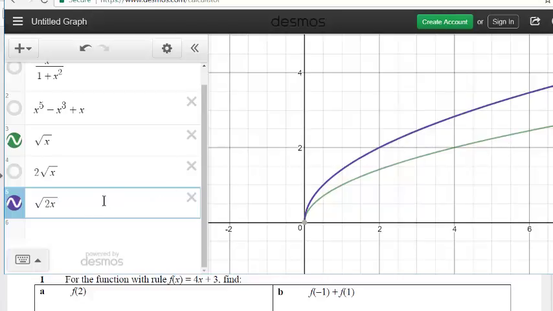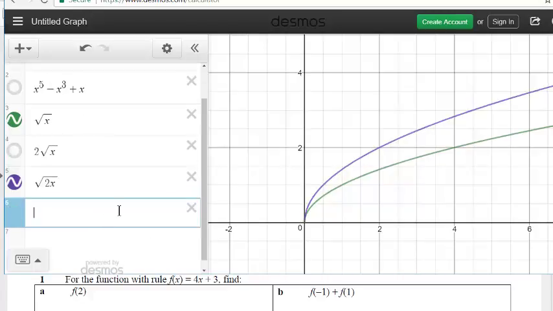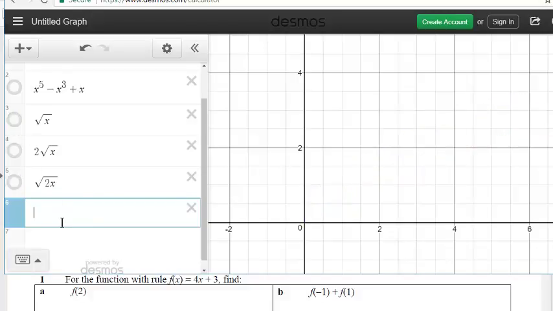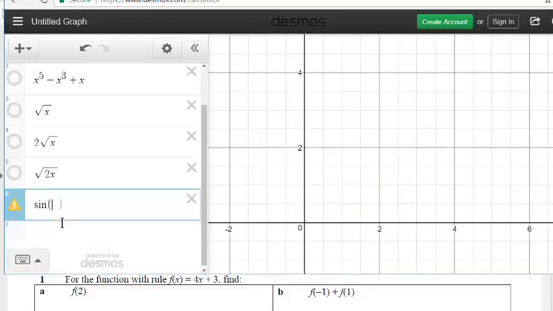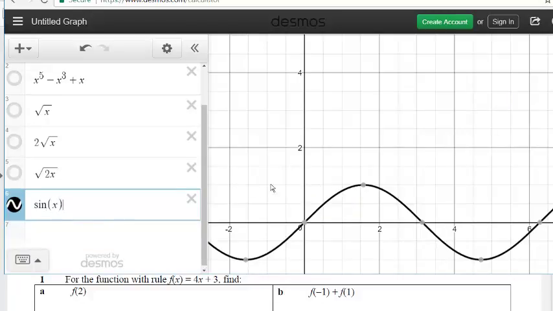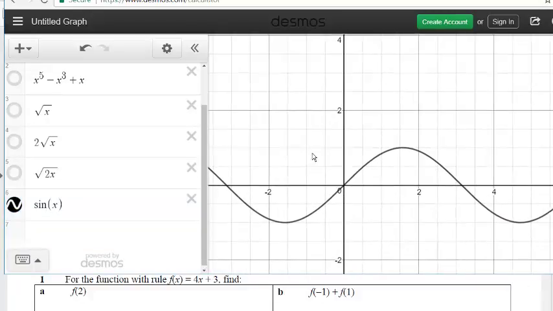I'm going to give you another example. This is very interesting, and it's coming up in the next lesson. If you have the sine function, this is for maybe term 2 when you'll be doing trig.